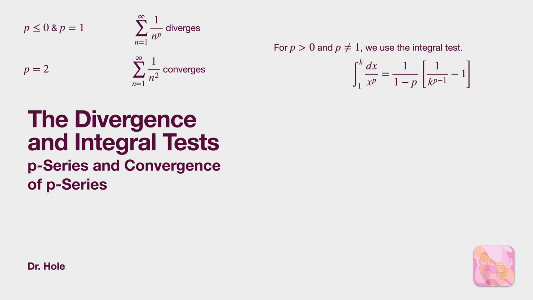Now, in performing the integral test, we'll want to take the limit as k goes to infinity. Remember that p is just a constant. 1 is a constant. We're looking at this difference. We would like this difference to be a finite value in the limit as k goes out to infinity.